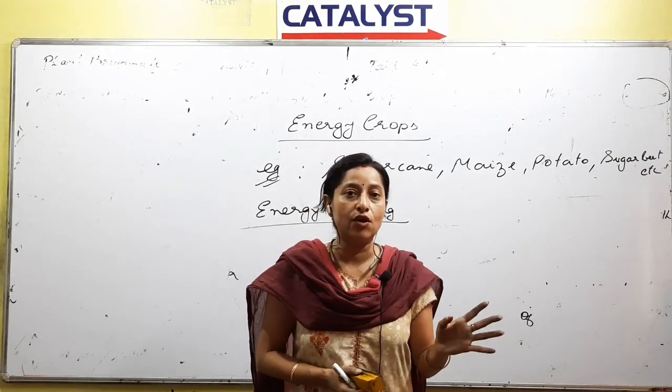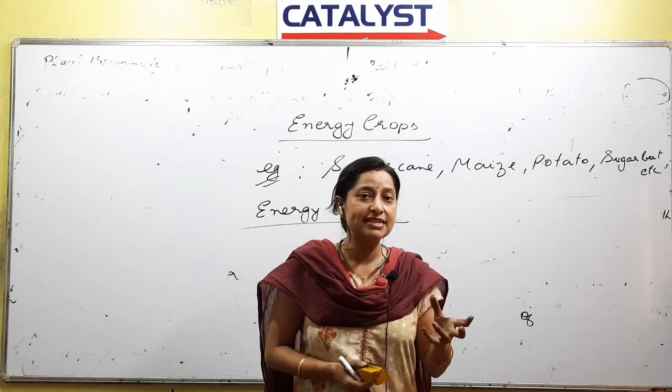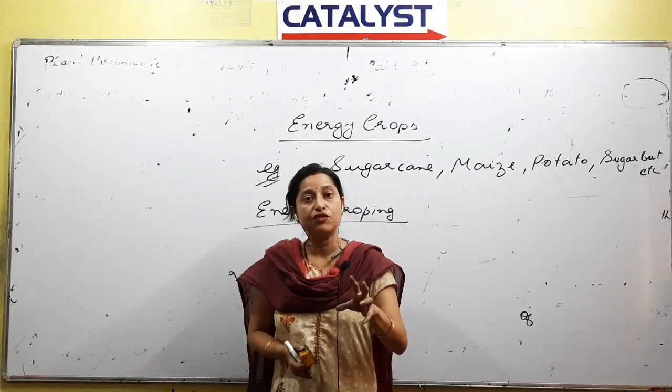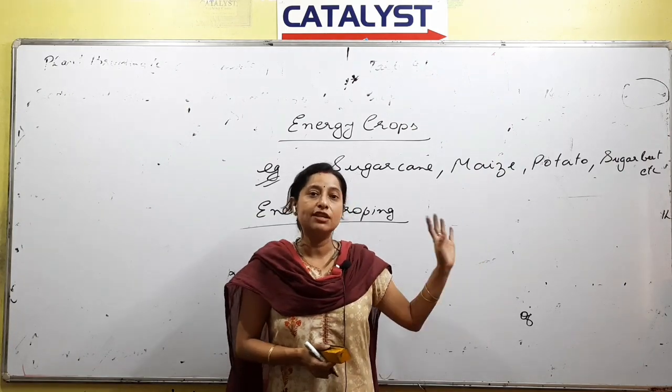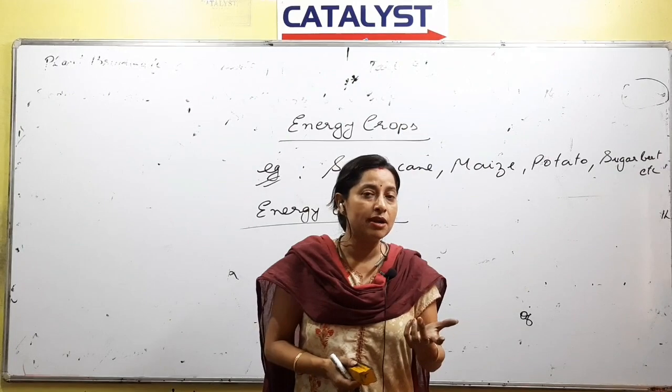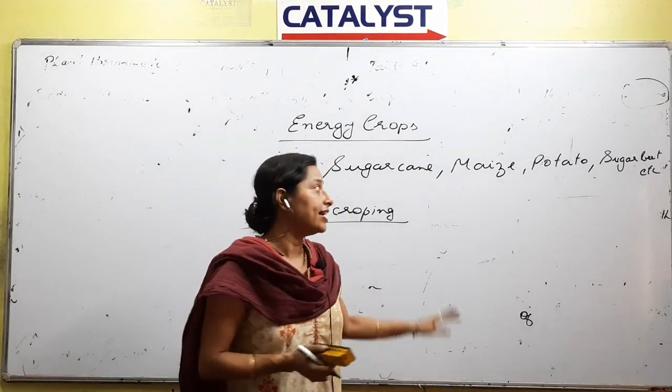So as a result there is a loss of agricultural land. For example, where rice should have been grown, we do not plant rice, we plant potato instead, and from potato we are trying to take out the alcohol. So these two are the major disadvantages of energy crops.